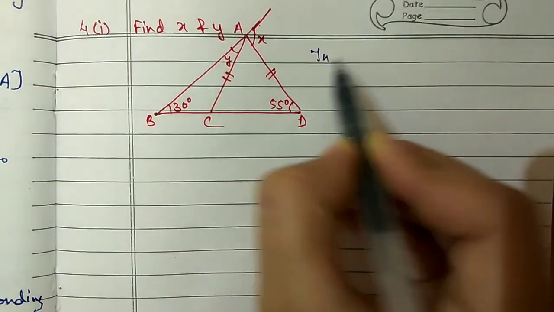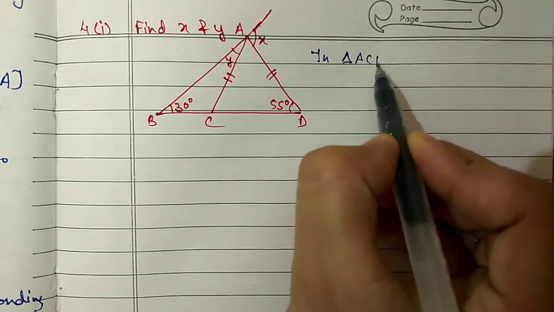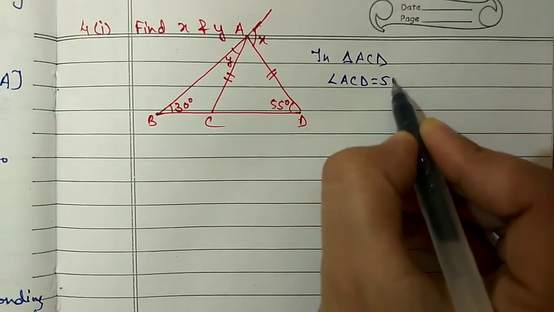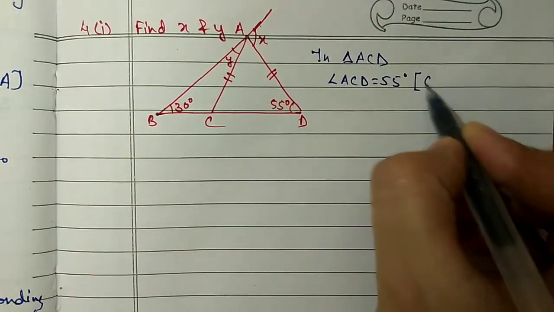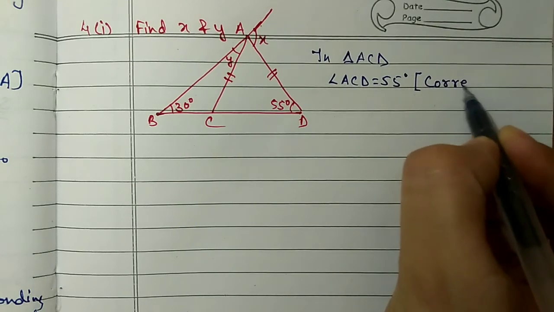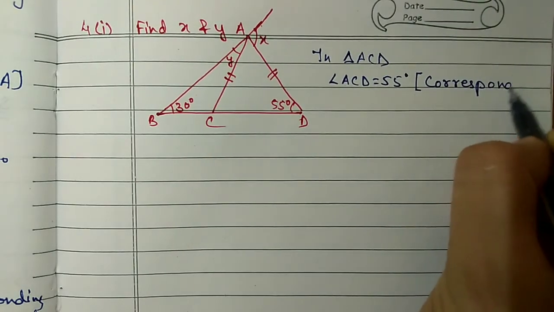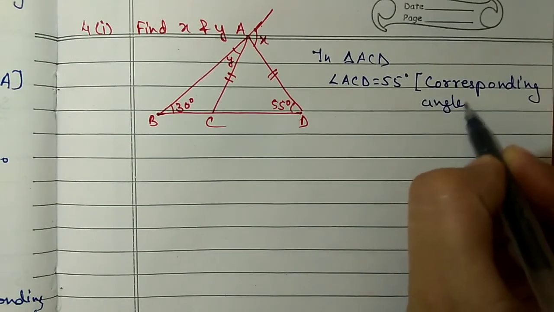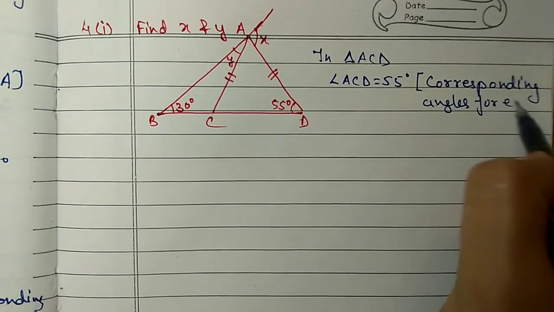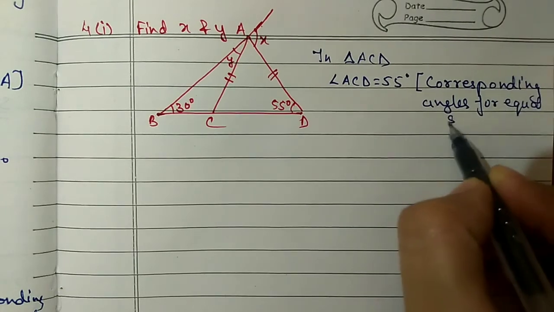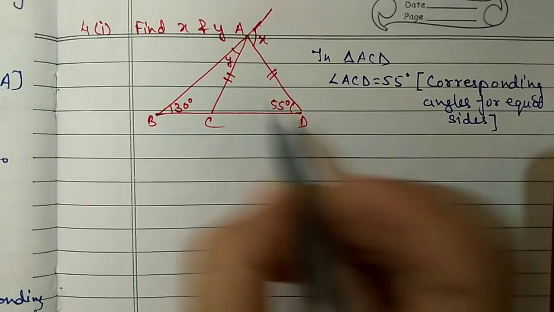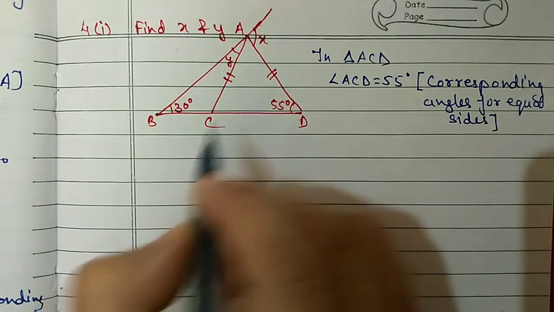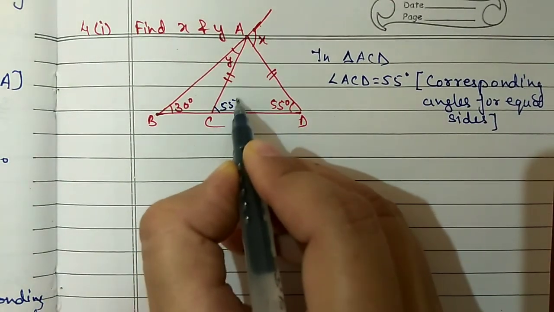In triangle ACD, angle ACD will be equal to 55 degrees. Reason: corresponding angles for equal sides. Because these two sides are equal, their corresponding angles also will be equal. Now this angle is 55.